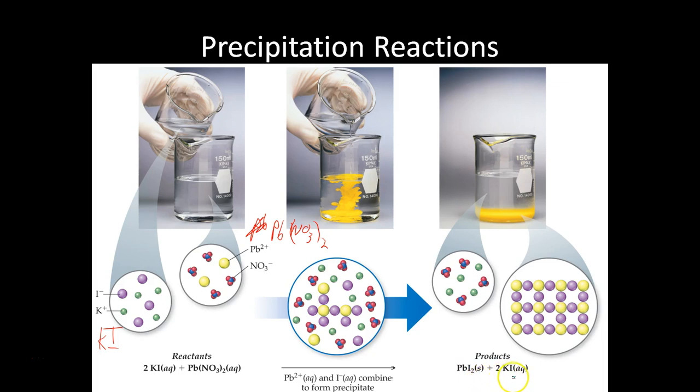Now potassium nitrate is still soluble in solution, and actually this is a typo in your textbook, it should say potassium nitrate, KNO3 aqueous. This is soluble in solution, while the lead iodide is insoluble, so it precipitates out as this yellow stuff.